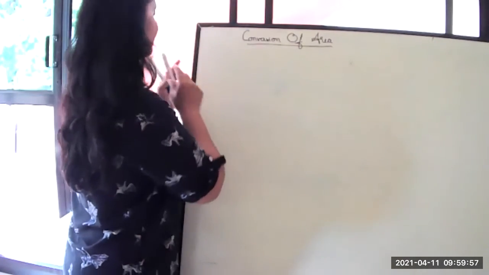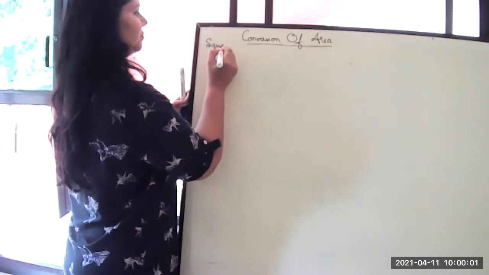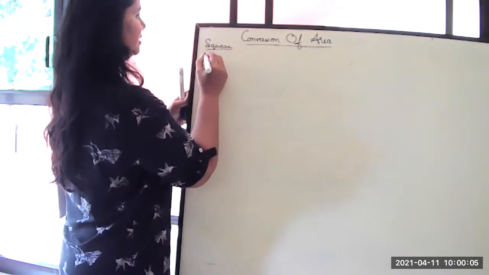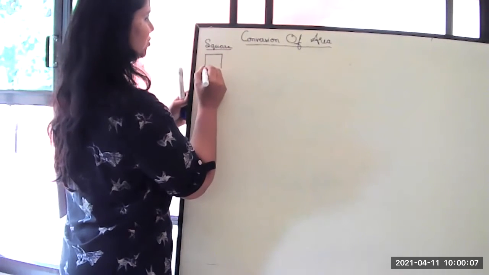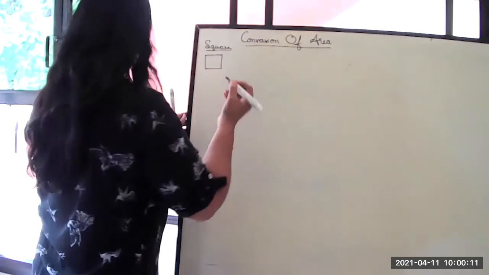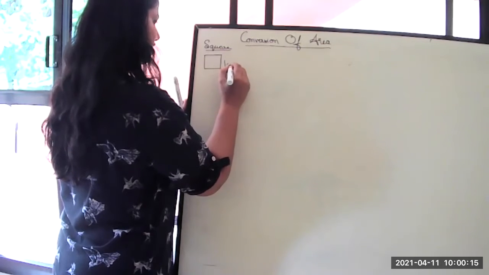Next is again the area of square, but the numerals and the units are different. So here again I am taking 1 centimeter.